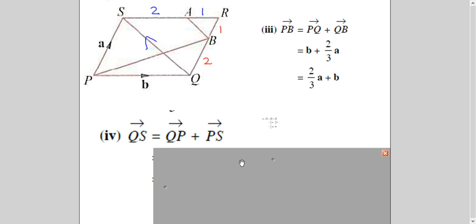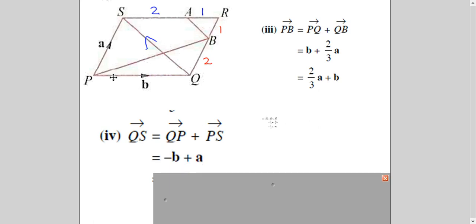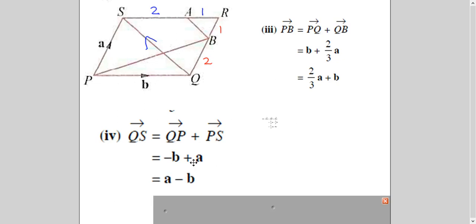So QP is minus B and PS is A. Because I'm going in the opposite direction, I have taken B as minus B. And PS is like this, so it is A. And conventionally, we mention the positive vector first. That's why we are changing the places. Else you can keep it like this also. That is fine as well.